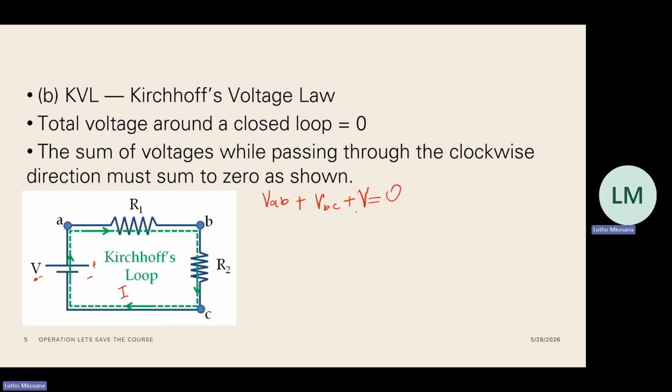We all know in Ohm's law, the total amount of voltage across each resistor in a series circuit sums up to be equal to the source voltage, so V is equal to VAB plus VBC.